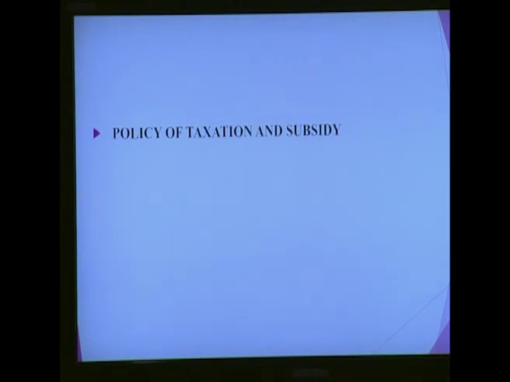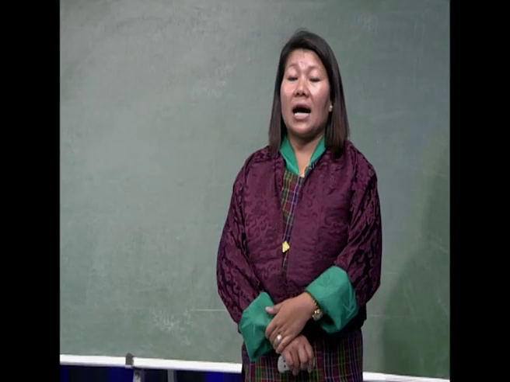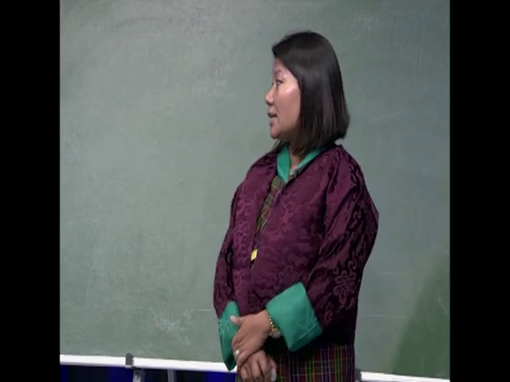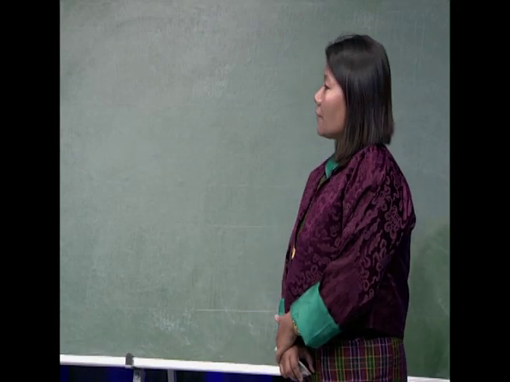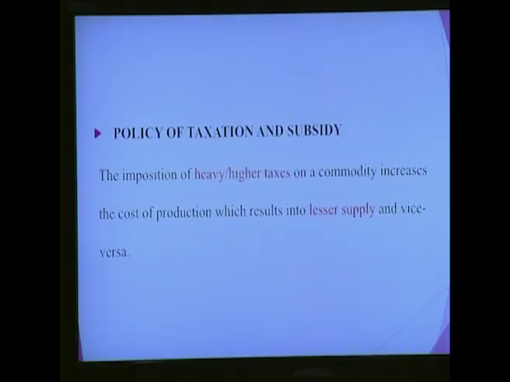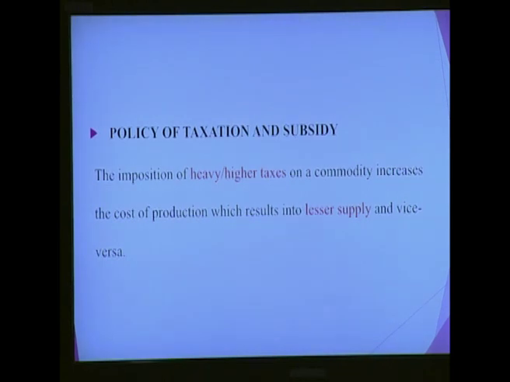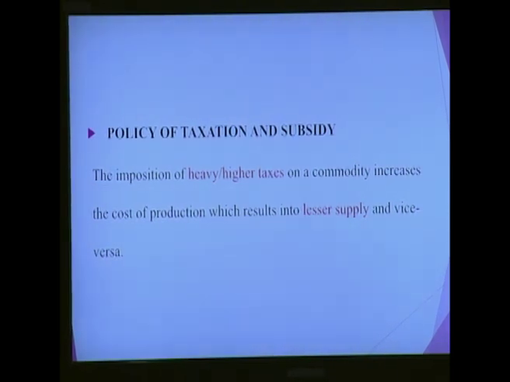This is also a large factor that will influence how supply will operate, meaning whether the supply will be more or less. See, the imposition of heavy or higher taxes on a commodity increases the cost of production, which results in lesser supply and vice versa.